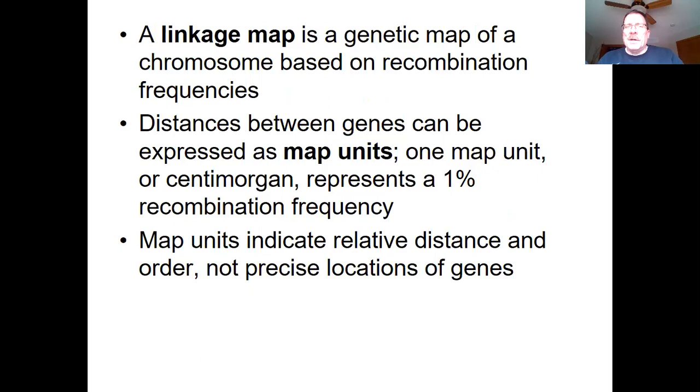So that's what a linkage map is. A linkage map is a genetic map of a chromosome based on recombinant frequencies. Distances between genes can be expressed as map units, or, as he called them because of his boss, centimorgans, and every 1% recombinant frequency equals one. So in our last example, the wings and the body at 17% were 17 centimorgans, or 17 map units, apart.